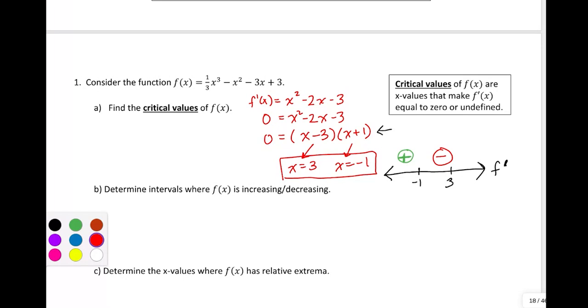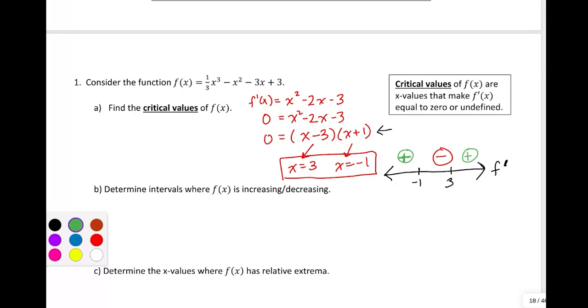From your perspective, it would be going this way. It's going down from left to right. So that would be an interval where f is decreasing. For that last interval, we just need some number bigger than 3. So you could pick 5 or 10 or 100 or whatever is easy to compute. And so we get a positive times a positive, which will be positive.